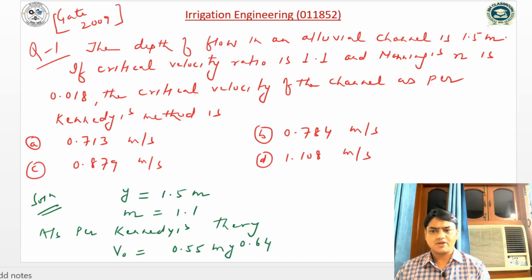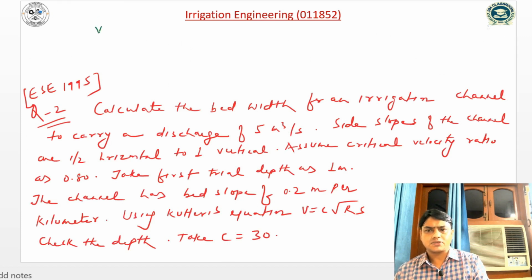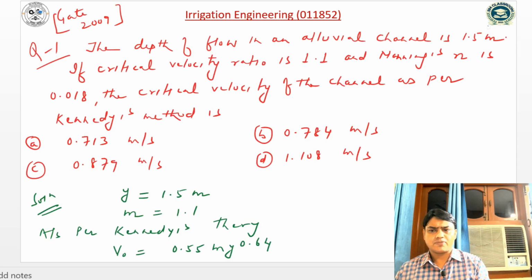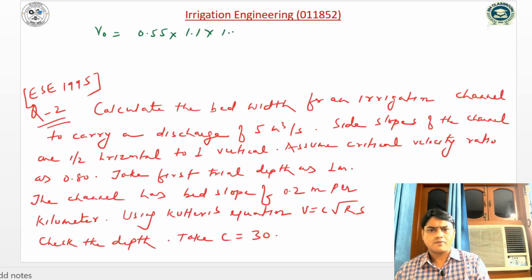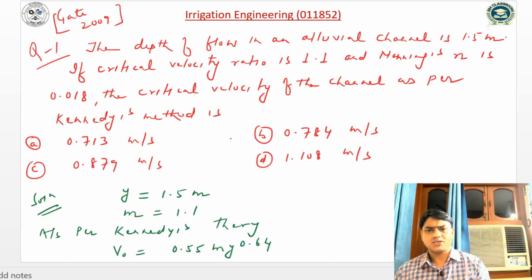So m is given, y is given, so we can compute the critical velocity, that is 0.55 into 1.1 into 1.5 to the power 0.64, so it is coming 0.784 meter per second. If I see the options, B option is correct.